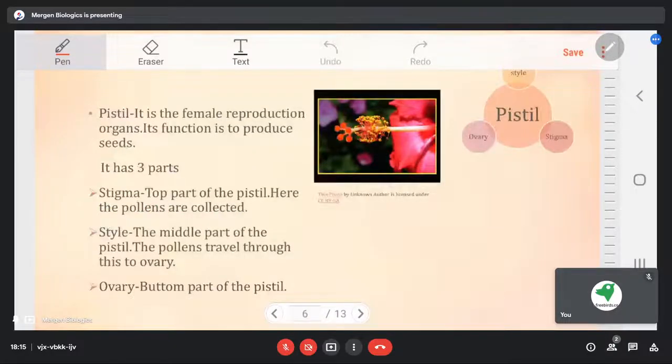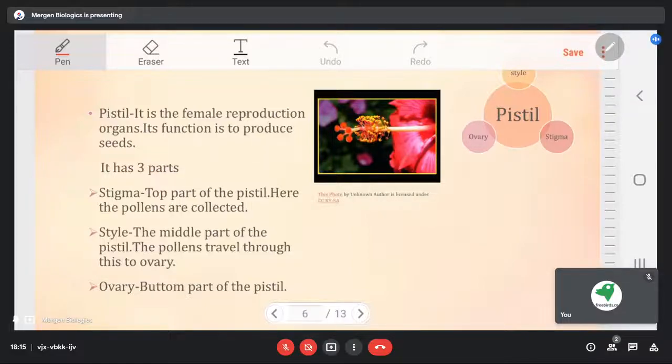Then comes the fourth whorl, which I have added on the slide earlier. So this is the female reproductive part, the carpel. As I have told you, you can call it either carpel or pistil. So what is the difference between carpel and pistil? A carpel is the single unit of stigma, style, and ovary.